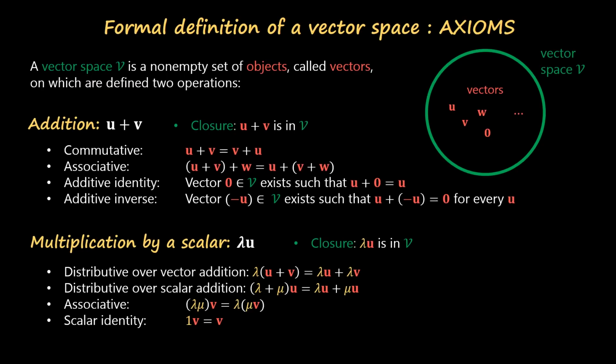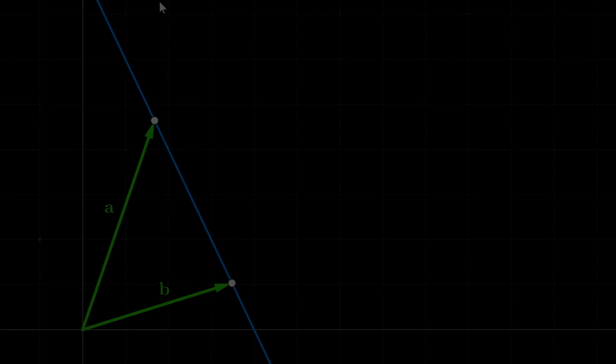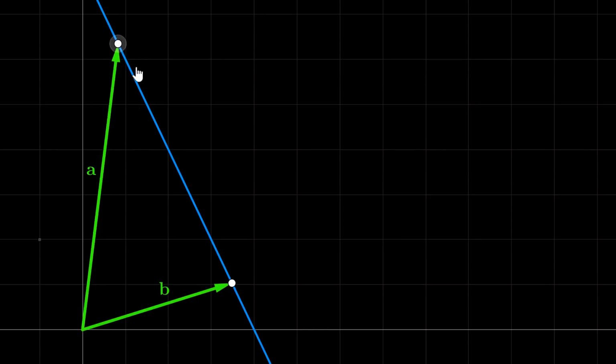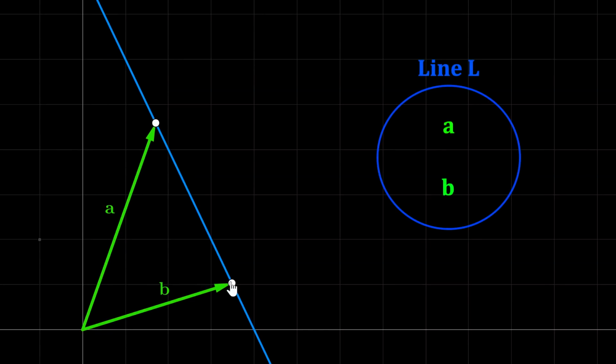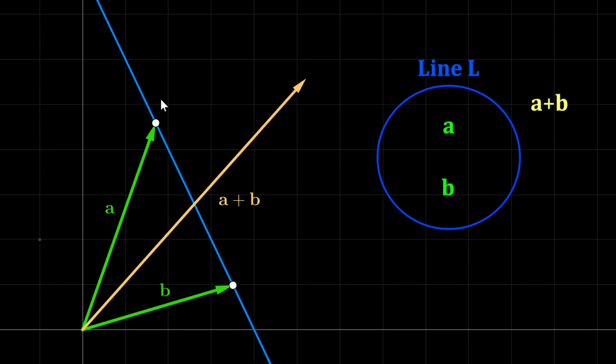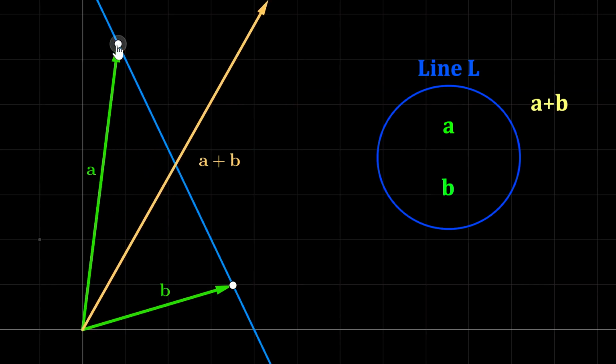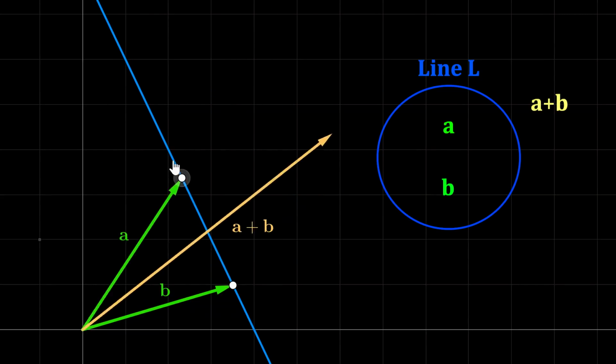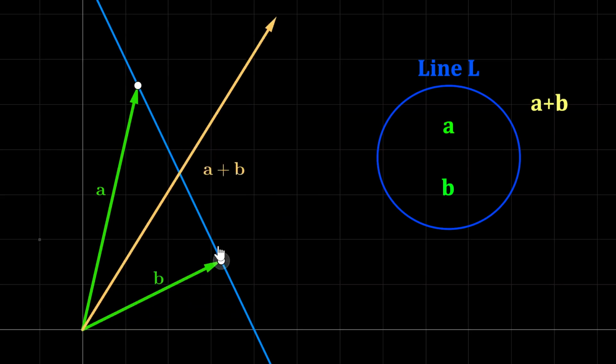Initially, we may think that it does, because we can add vectors and we can scale vectors within the line. However, the operations don't fulfill the axioms. Consider any two vectors in the line, A and B. To start with, the first axiom is violated, because there is no closure under addition. According to the first axiom, the sum A plus B should be a vector living in the same space.